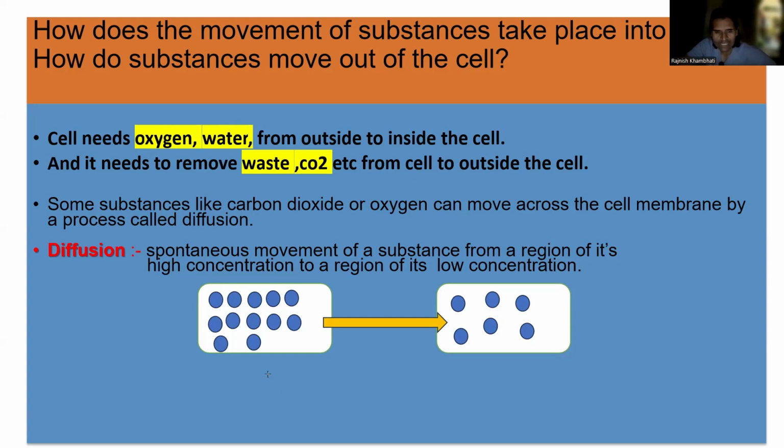Now you can see over here these blue dots. Just count the dots. Okay. 1, 2, 3, 4, 5, 6, 7, 8, 9, 10, 11, 12. There are 12 dots on your left side. Okay, 12 blue dots. And on your right side, there are 6 dots. That means on your left side, there is high concentration of something, and on your right side, there is low concentration of something.